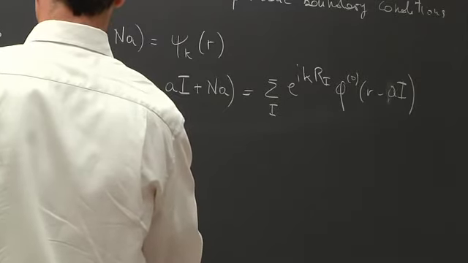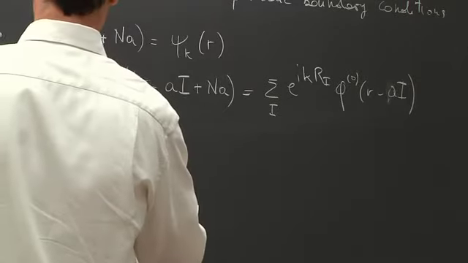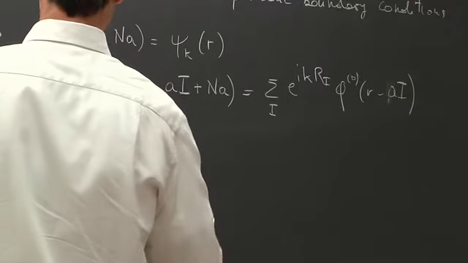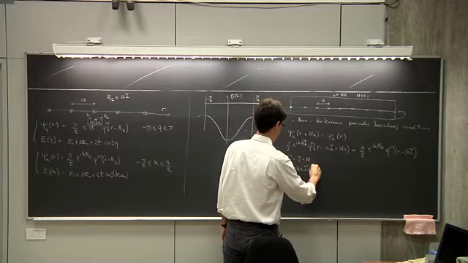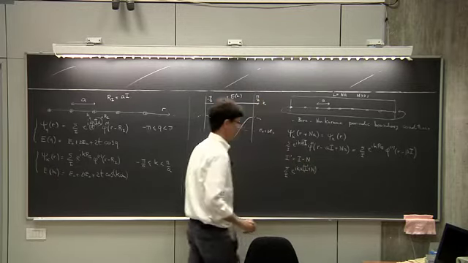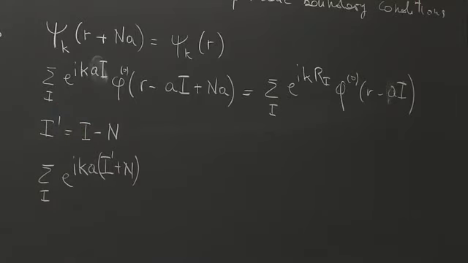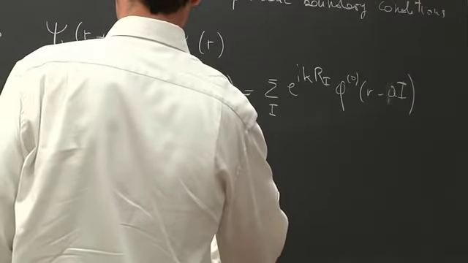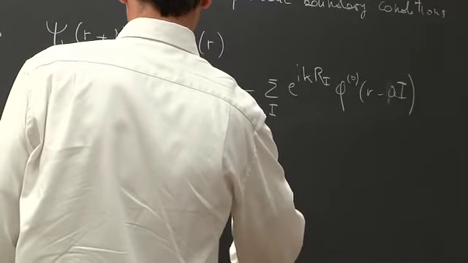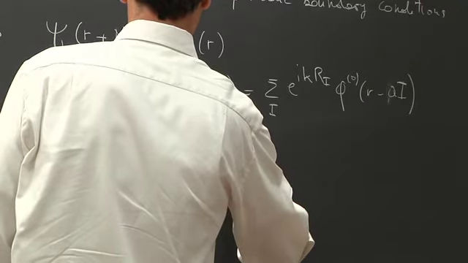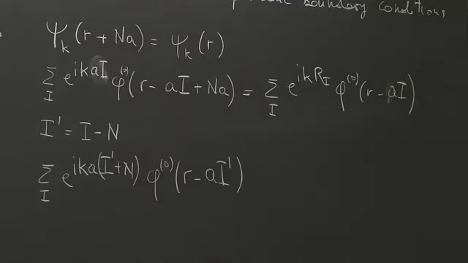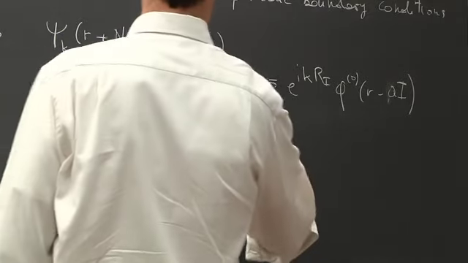The sum over i of e to the i k a(i prime plus n), right? i is equal to i prime plus n, phi naught of r minus a_i prime.